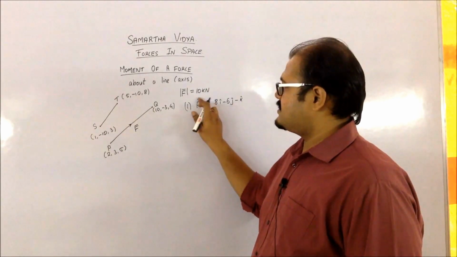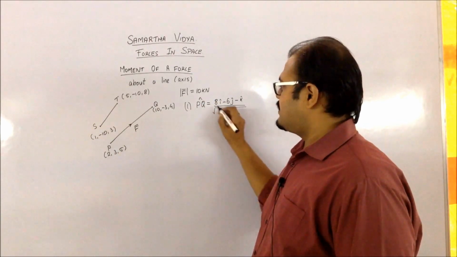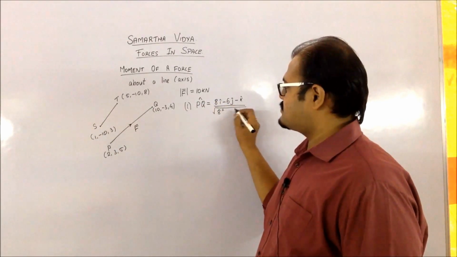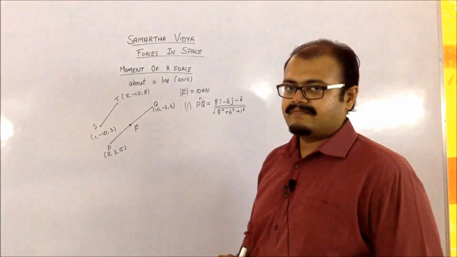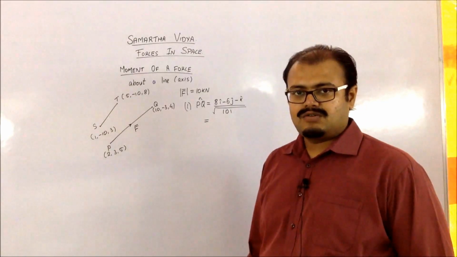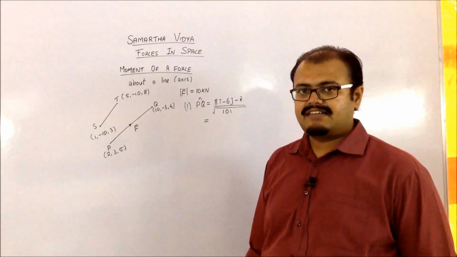I need to find the unit vector of PQ, so that is just division by the square root of 8 squared plus 6 squared plus 1 squared. You will get the value as 101, so that is going to be 8 divided by root 101.